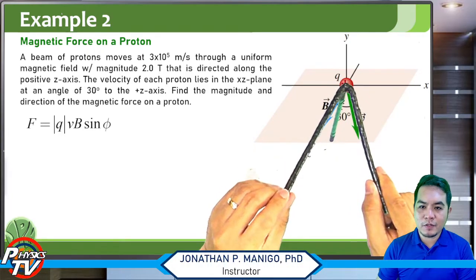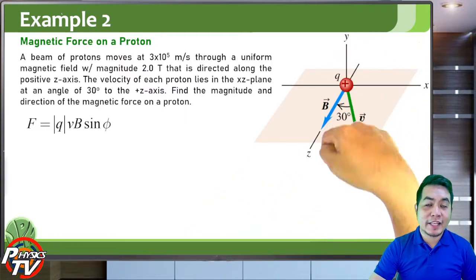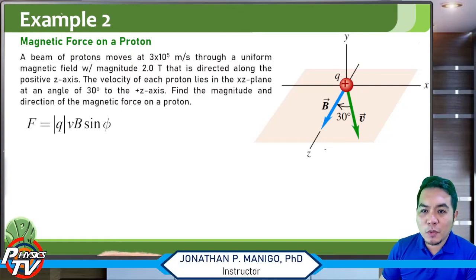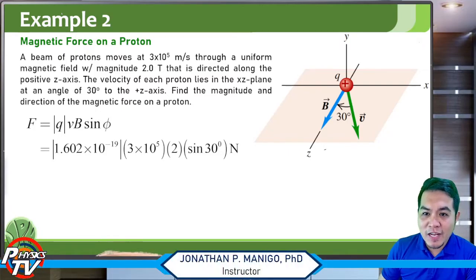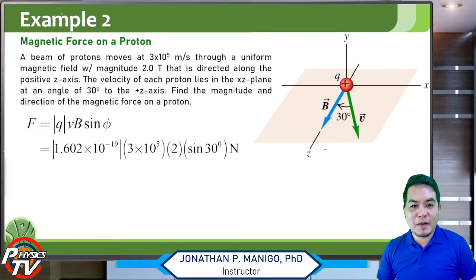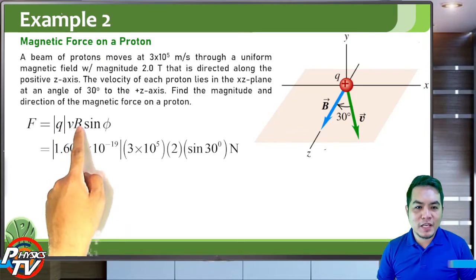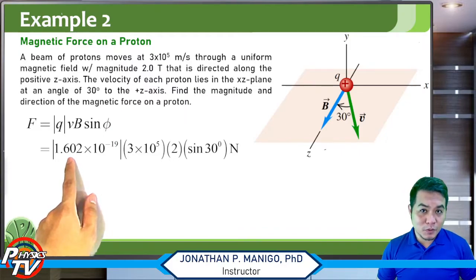Therefore, V cross B is downward, along the negative y-axis. By virtue of the right-hand rule, we already know the direction, so we only need to solve for the magnitude. I'm not going to do a vector approach here; I'm going with the magnitude and direction approach. Magnitude of Q, magnitude of V, B, sine phi, the angle between them, which is 30 degrees. So this is a proton.